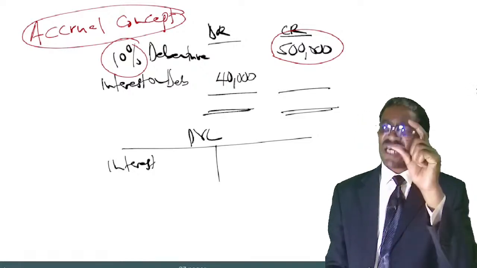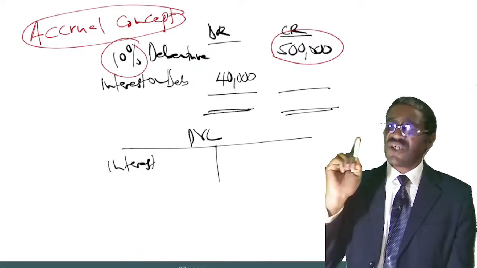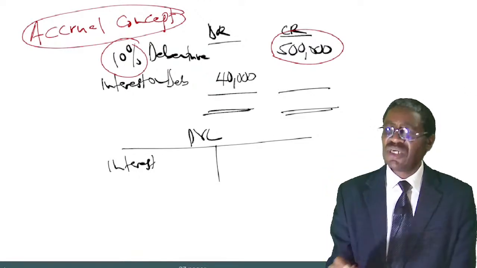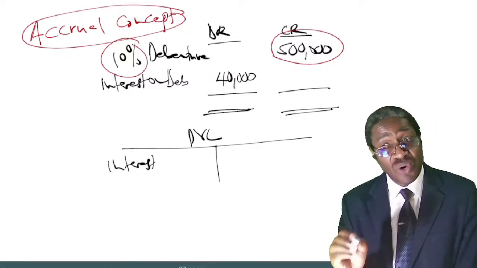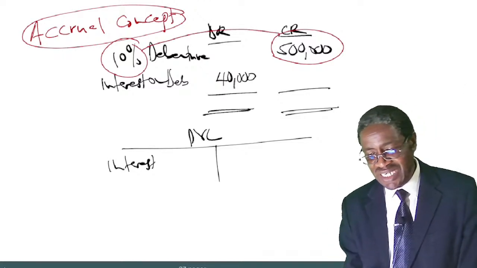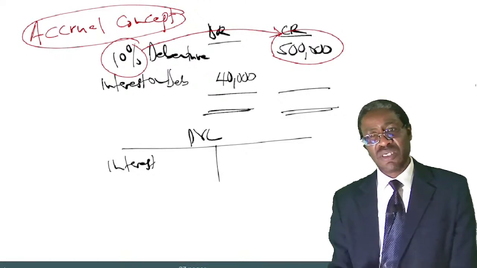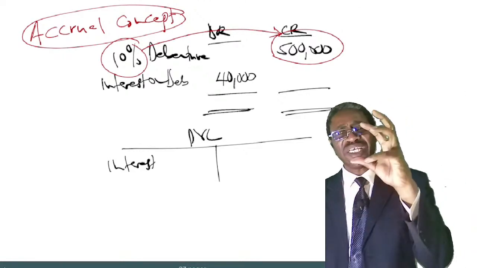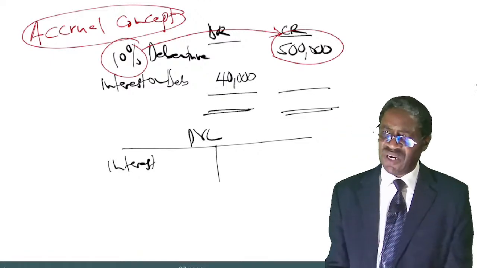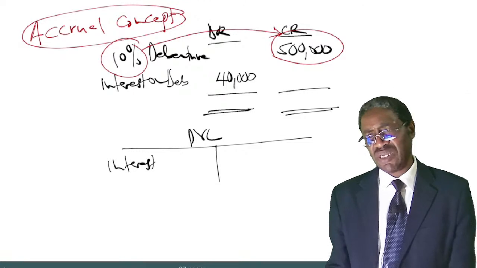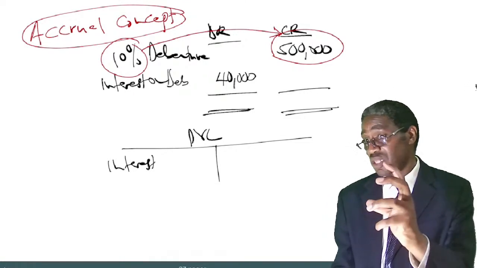Therefore, as a company, you are required every year to pay your debenture holders interest at 10%. What is 10% of 500? 10% of 500 is 50,000.